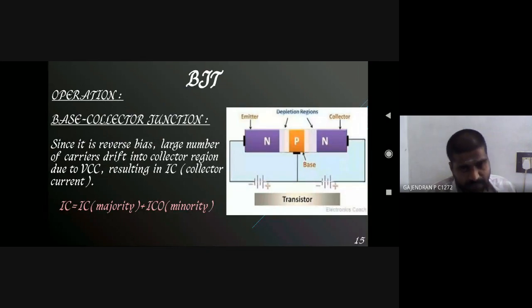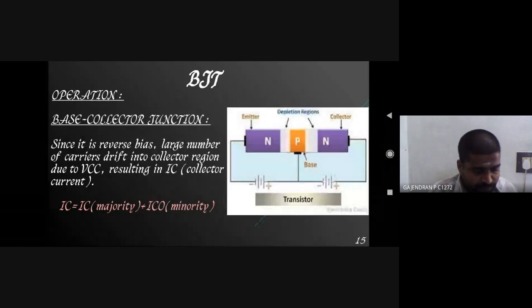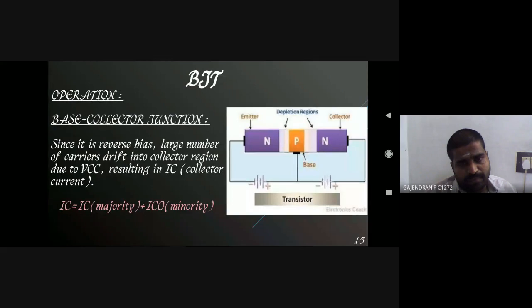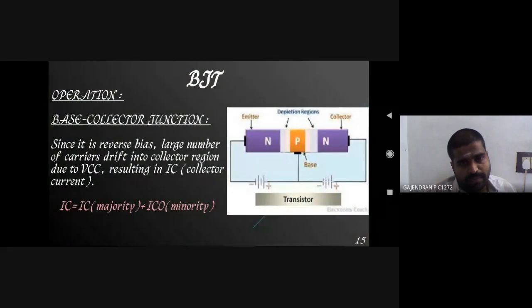Then if you consider the base to collector terminal, it is reverse biased, so a large number of carriers drift into the collector region due to the formation of VCC. It results in the formation of IC current, and it also creates a minority current, which is ICO. Therefore, the total current can be written as IC majority plus IC minority.